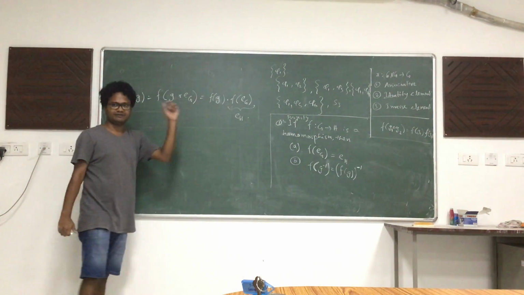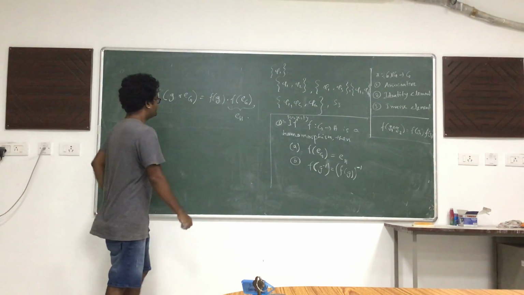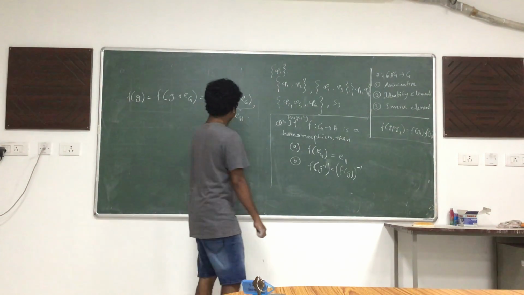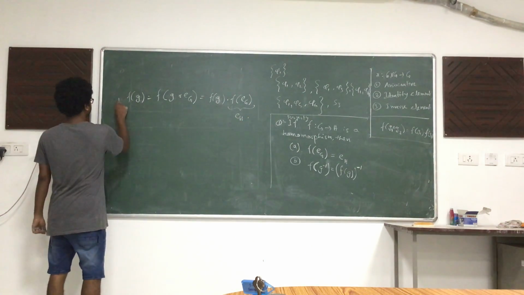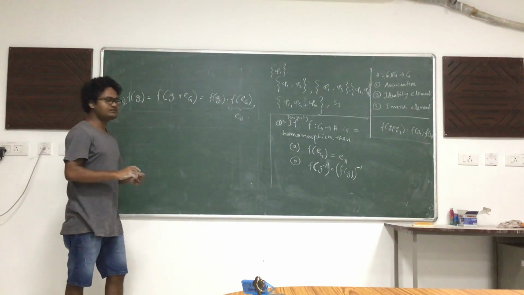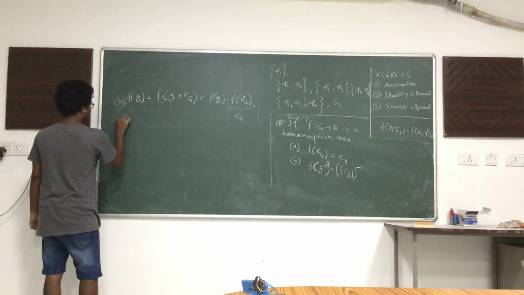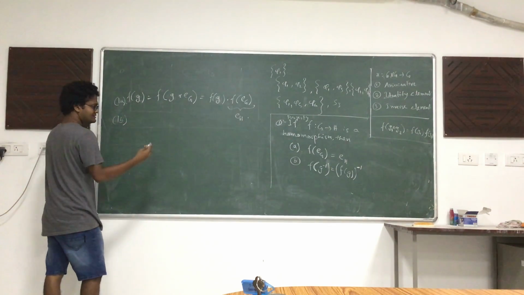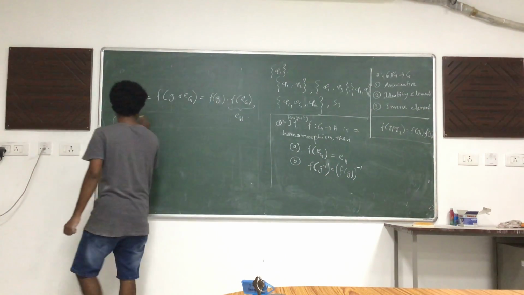These are after sending g from capital G to capital H. So these are elements of capital H. So this is precisely the identity element of H, and this is true for any g. That means any h has to satisfy this. For part B, how do we prove it? The same way. Once this is proved, the other can be proven.